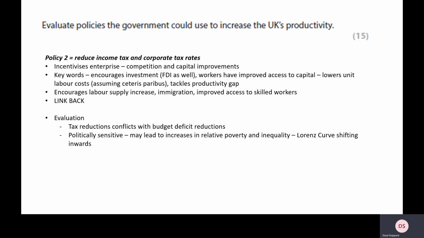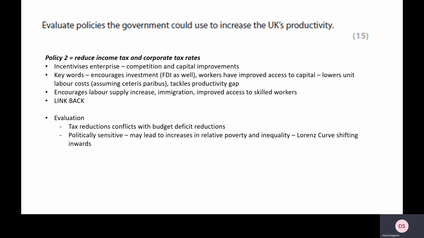Now, if we were to reduce corporate tax rates, this should hopefully incentivise an increase in enterprise in the economy. What we're saying to businesses is that if you base production in the UK or set up new businesses in the UK economy, then you are allowed to keep a bigger chunk of your profits. So the idea is if firms have now got lower costs of production, it becomes more profitable to produce output in the economy. Well, if you've got more firms operating in the UK, that could increase competition.